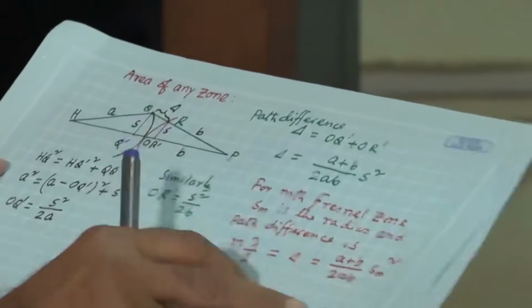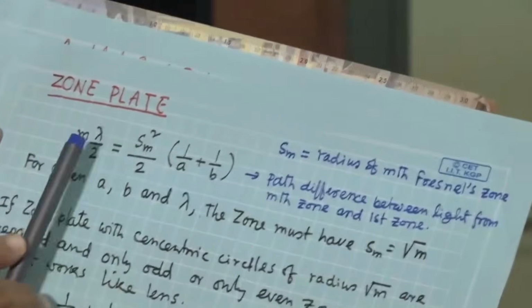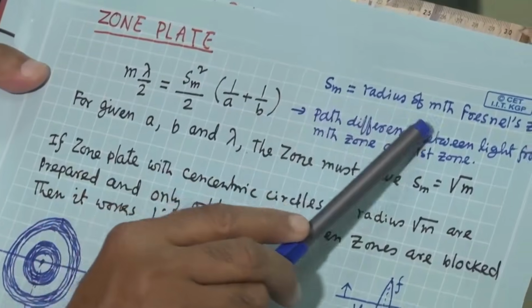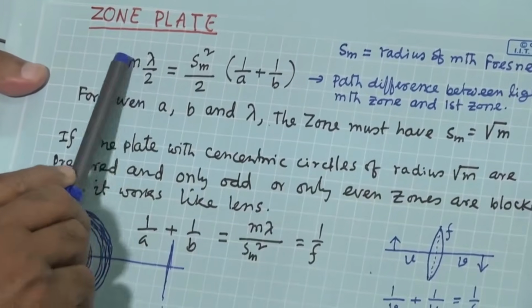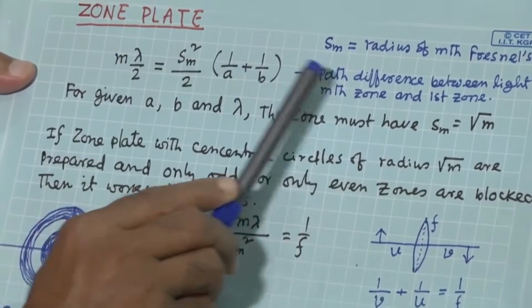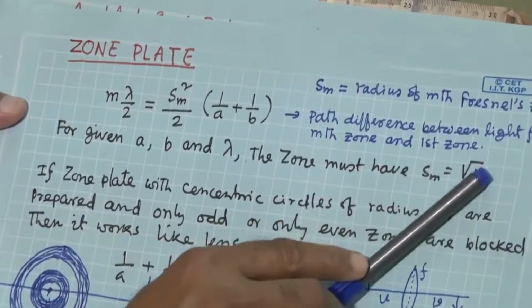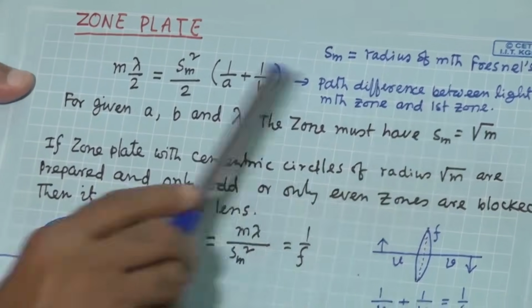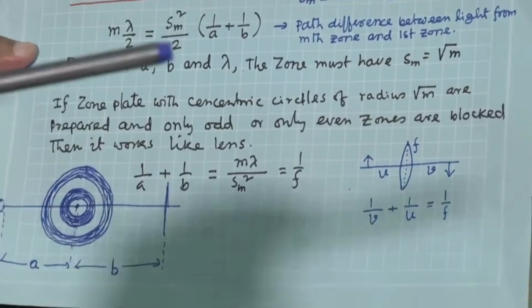So this relation is basically what we will use for this experiment. Here SM is the radius of the mth Fresnel zone, and M lambda by 2 is the path difference between light from the mth zone and the first zone.